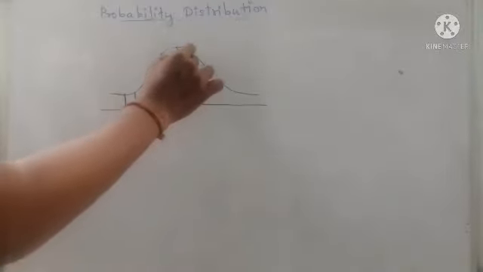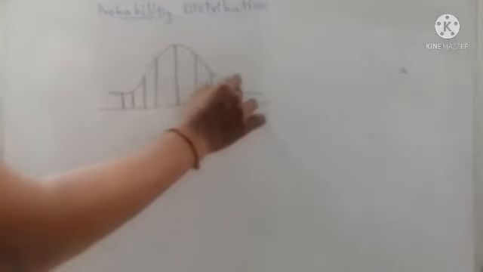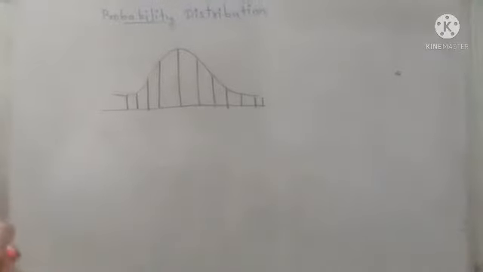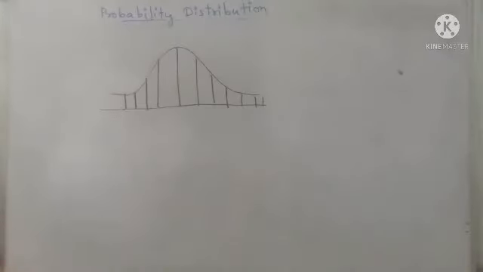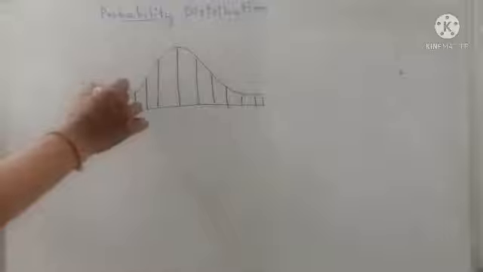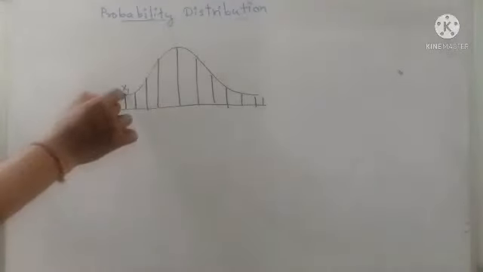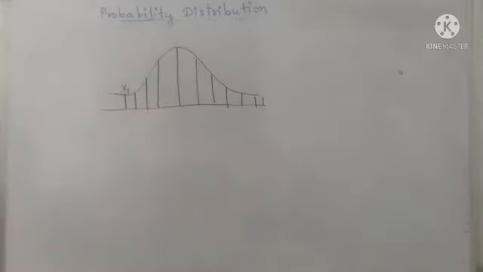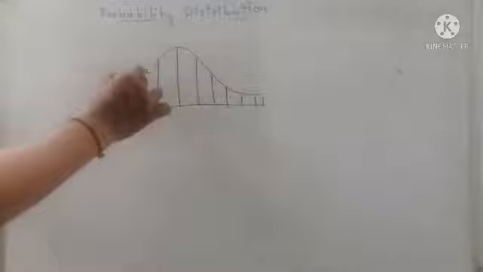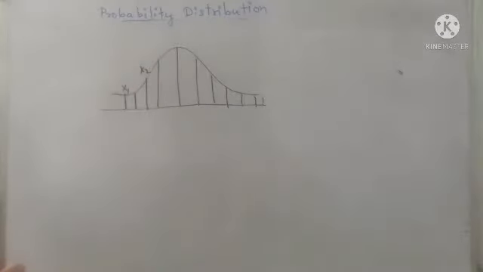Okay, actually the height represents the number of variables in a distribution. As I put here x1, then x1 on the distribution occurs in the height of this line. x2 is here, then the height of the line represents the number of variables occurring in a distribution.